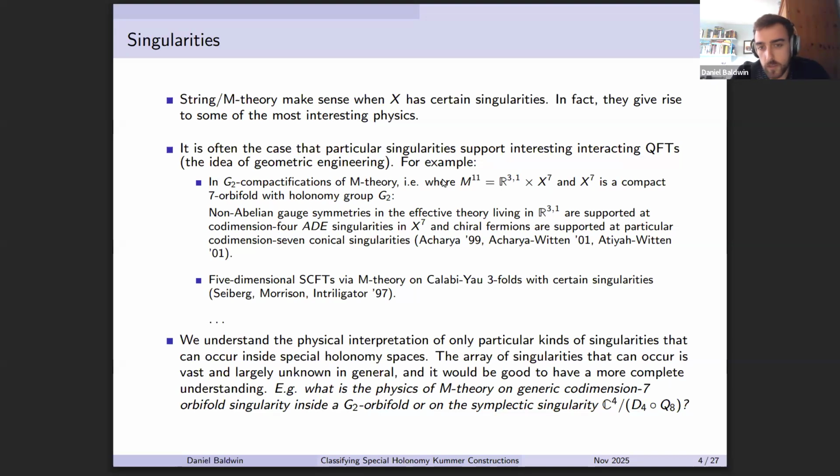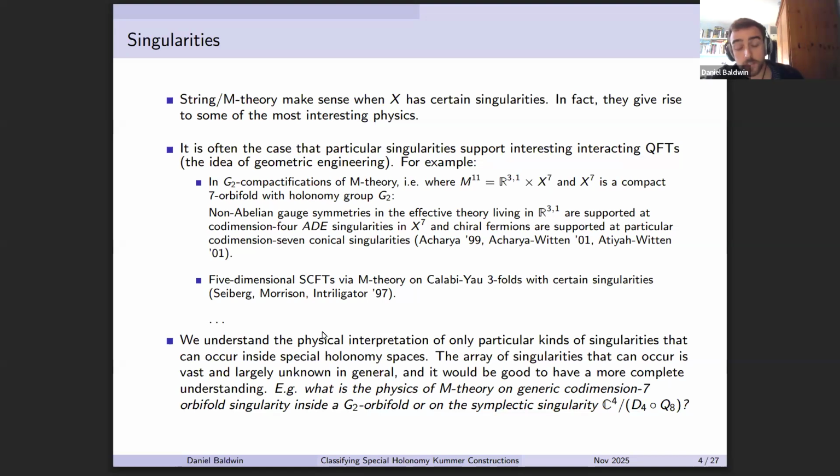Non-abelian gauge symmetries in the effective theory in Minkowski space are supported at codimension 4 ADE singularities, and chiral fermions are supported at particular codimension 7 conical singularities in the G2 orbifold X. Another example is one can engineer 5-dimensional superconformal field theories by compactifying M theory on Calabi-Yau threefolds with certain singularities, which is also well known. And then there are many other examples.